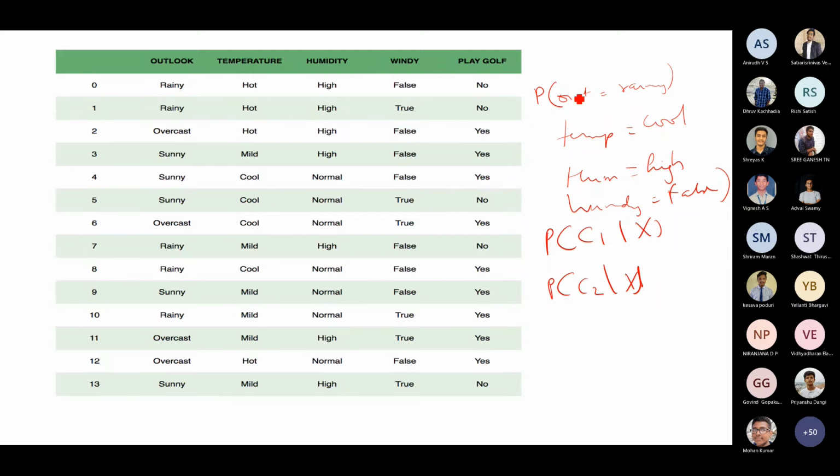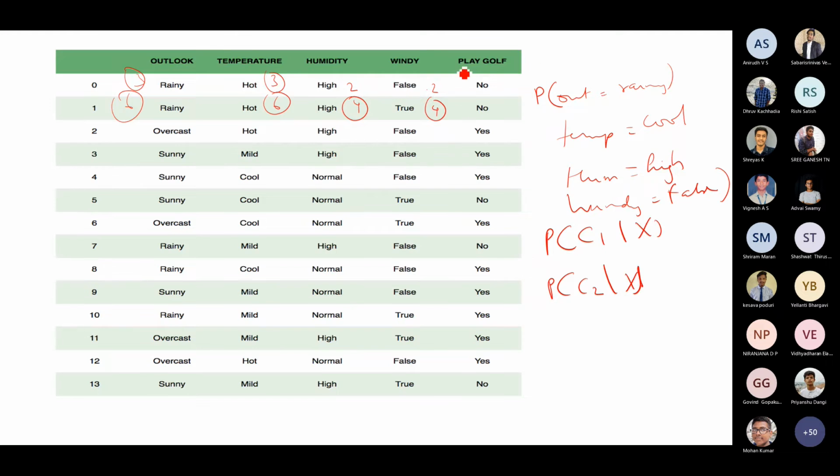Outlook is rainy, overcast, sunny, given yes and no: these are three probabilities for each class. Then hot, mild, cool: 3 into 2, 6 probabilities. High and normal: 4 probabilities, one for each class. Windy is false and true: again 4 probabilities. That is your model.